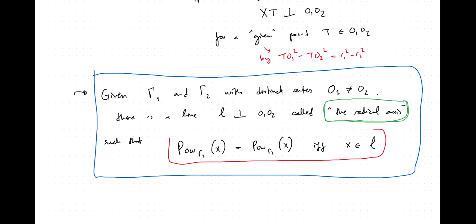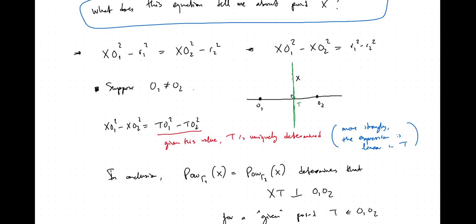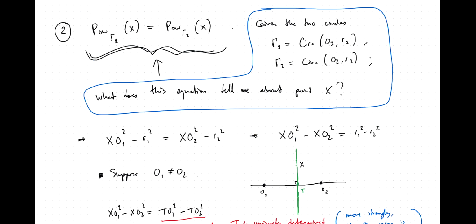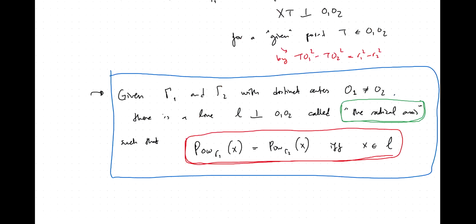Could we have that whenever the power of a point x with respect to gamma 1 minus the power of x with respect to gamma 2, the difference between them, is constant, then we could make sure that x is always on some line? Exactly. This is just a special case. So when you write power of gamma 1 x equals power of gamma 2 x plus 1, for example, the same thing.